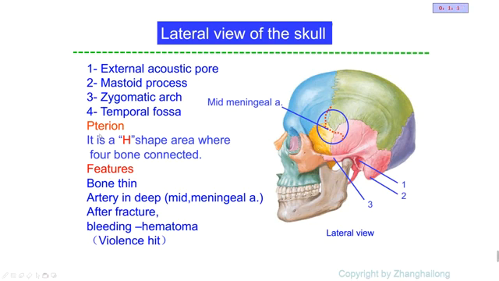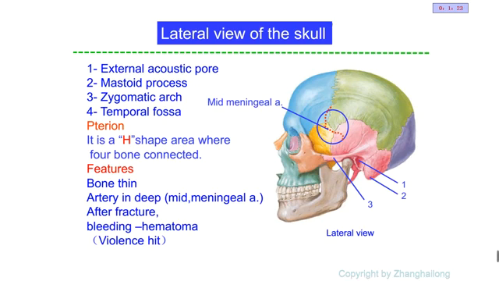Okay. The fourth one is the temporal fossa. Here, the temporal fossa is on the surface of the temporal bone and part of the sphenoid bone. There is a fossa. But if you touch the lateral surface of your head above the zygomatic arch, you can't touch it.